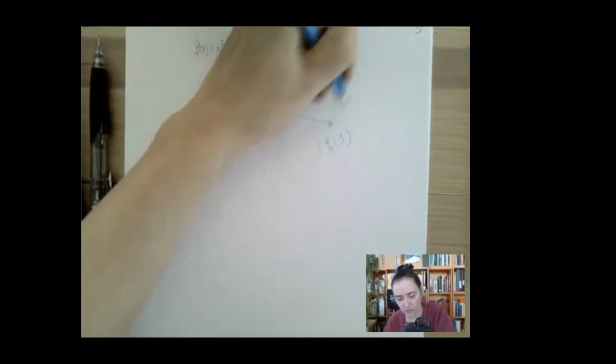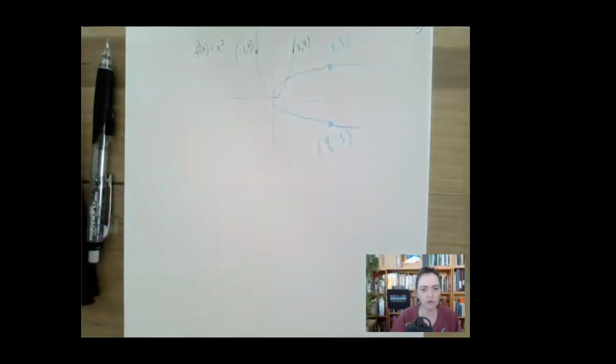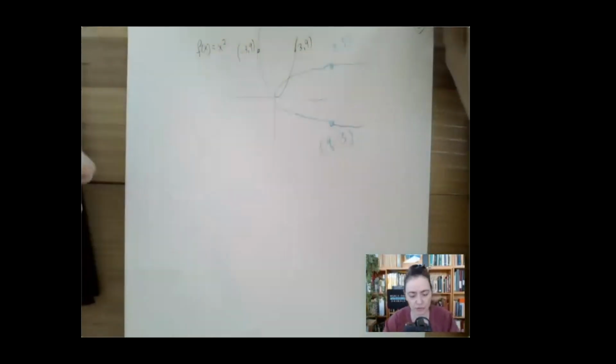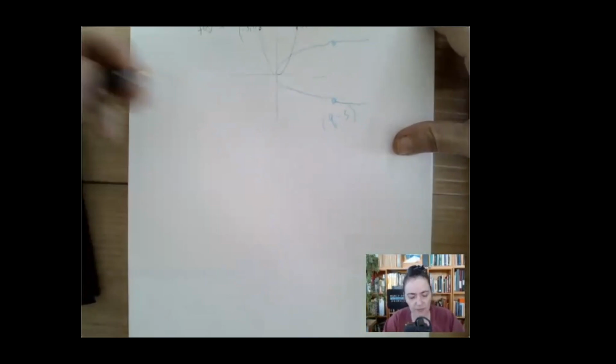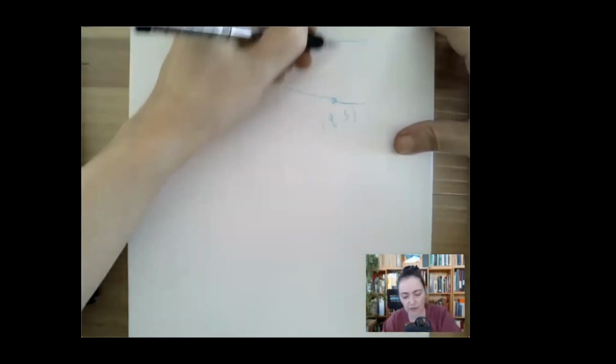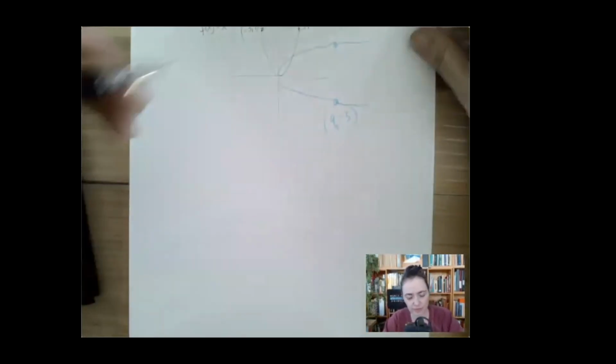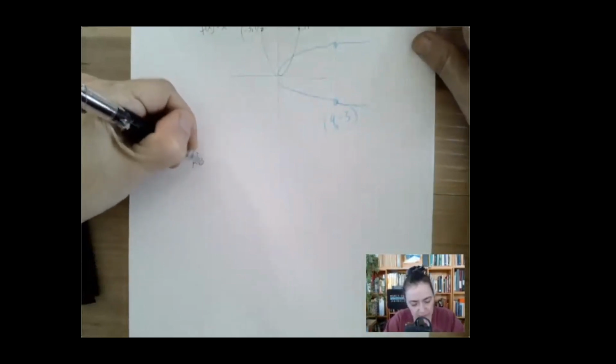And my recommendation for plotting the inverse was to have a lot of points, swap the coordinates, plot the dots, connect the dots. So use the swap coordinates method. Not one-to-one, not a function. So we restrict the domain.